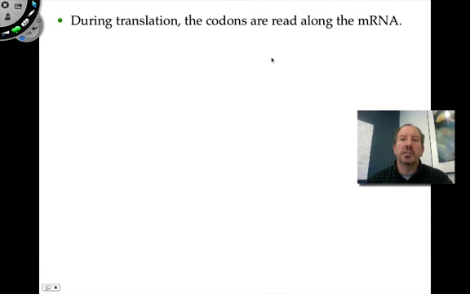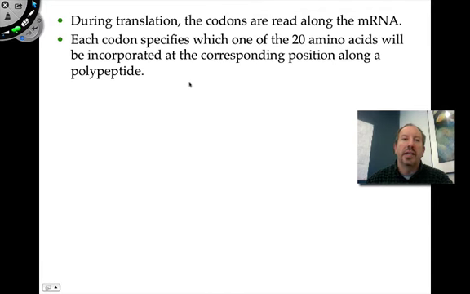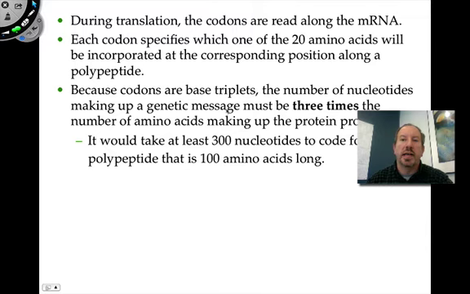So during translation, the codons are read, and each codon codes for one of the 20 amino acids that will be put into the polypeptide. And because there's 3 nucleotides for every 1 amino acid, that means that it's going to take, for example, 300 nucleotides to make a 100 amino acid long protein, because it's 3 nitrogen bases for every 1 amino acid.